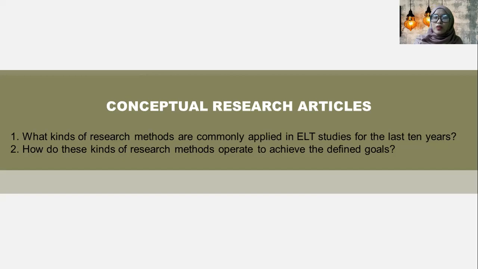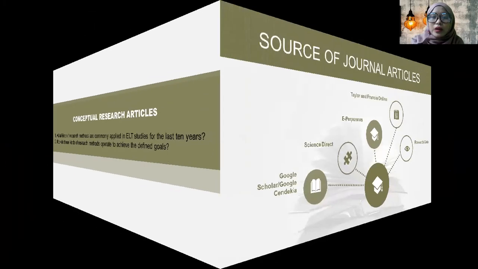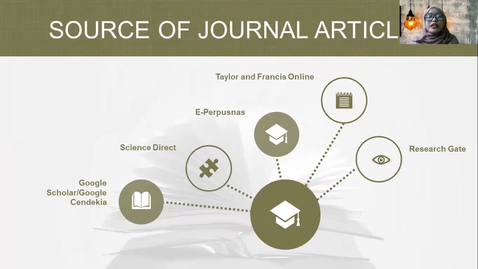So I hope these two research questions could guide you to the final part. To answer these questions, I hope you could go on searching the articles. There are many platforms as sources of journal articles. The first one is you can go directly to Google, like Google Cendekia or Google Scholar. Type the keywords; later on, I'll show you the keywords.